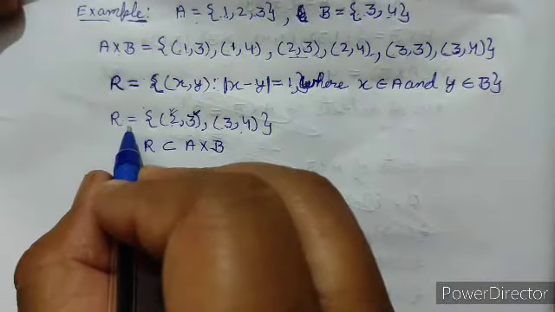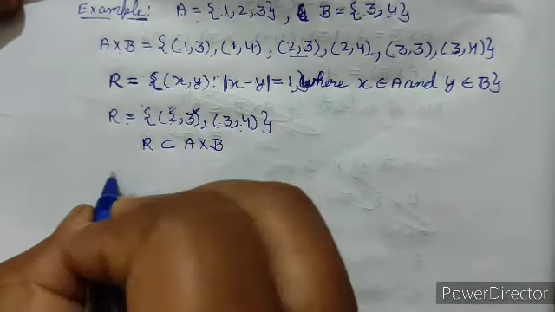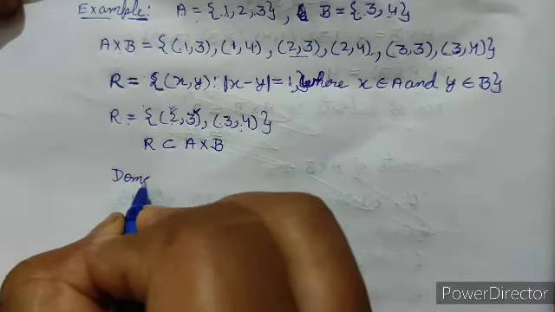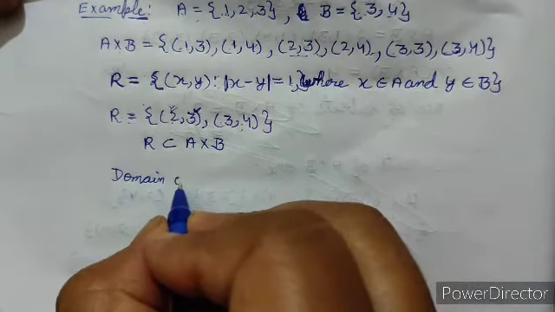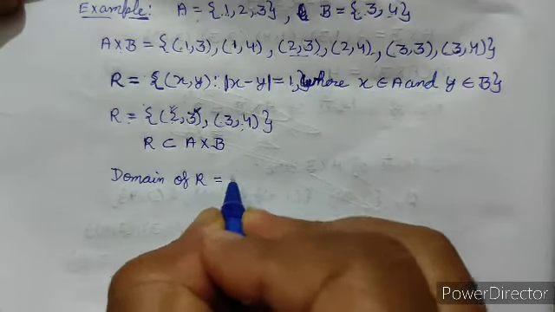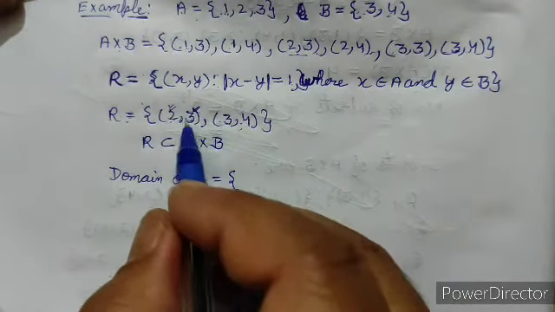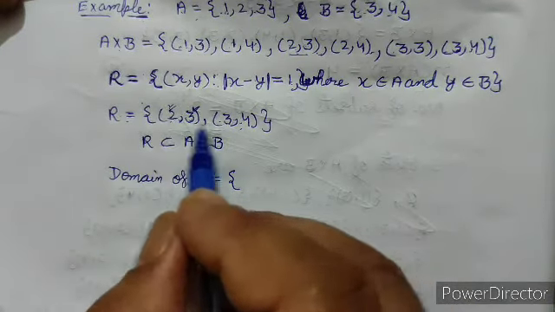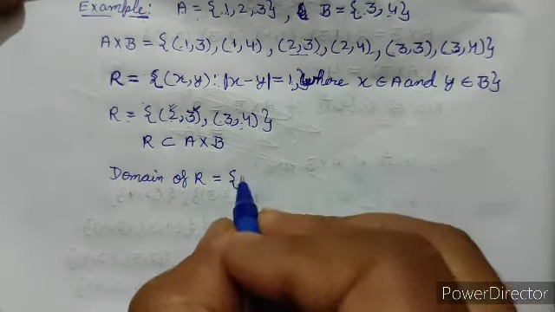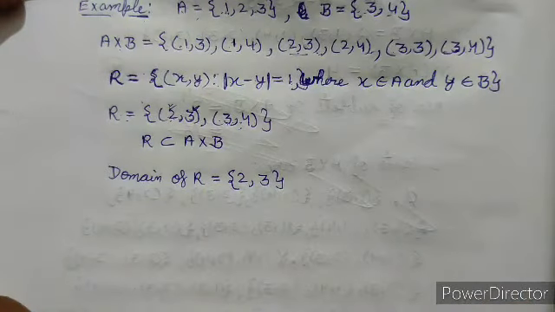In relation R, we have two elements (2, 3) and (3, 4). Now the domain of the relation R will be the set of first elements of the ordered pairs, and here the first elements of the ordered pairs are 2 and 3. So the domain of R will be {2, 3}.